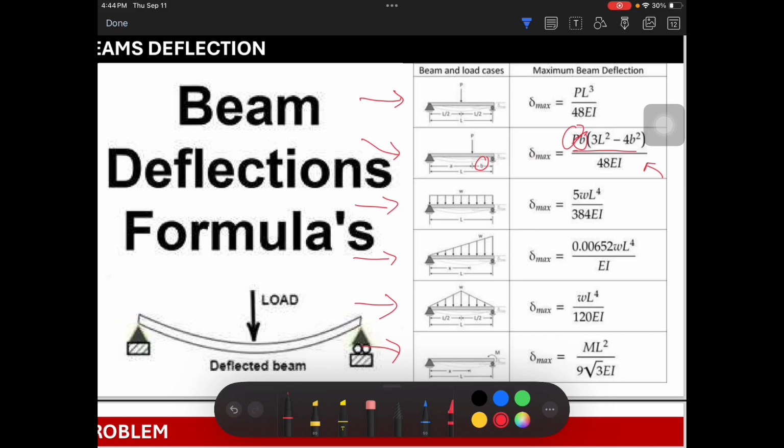So you see there is no A in the formula here, right? Only B was used. So you must apply the formula correctly to get a correct answer. When your loading is a rectangular load and your support is simply supported, this is your formula: 5 times W, your uniform load, then L raised to 4 over 384 EI, and so on.